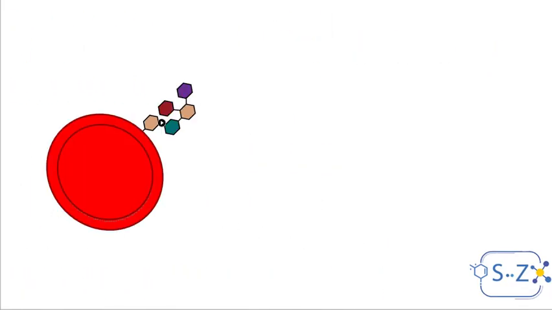Now, in case there is agglutinogen A on the surface of a blood cell, like this case here, say we took blood from a person, and this person has agglutinogen A on the surface of his red blood cells.